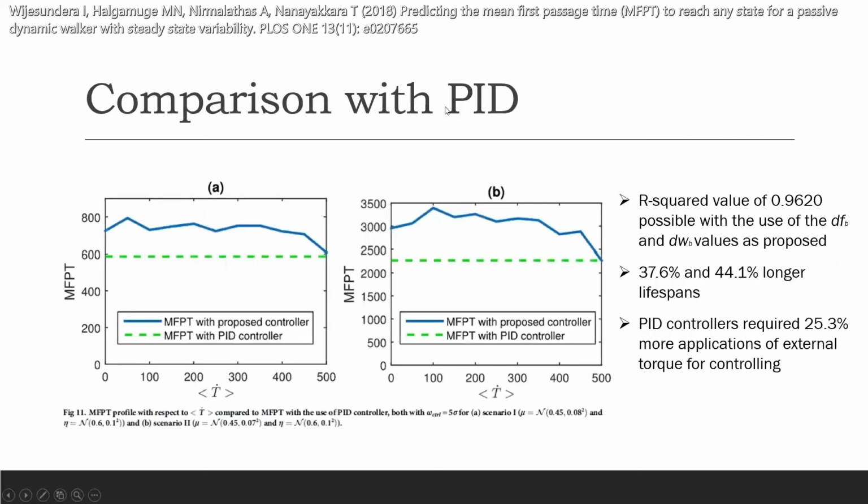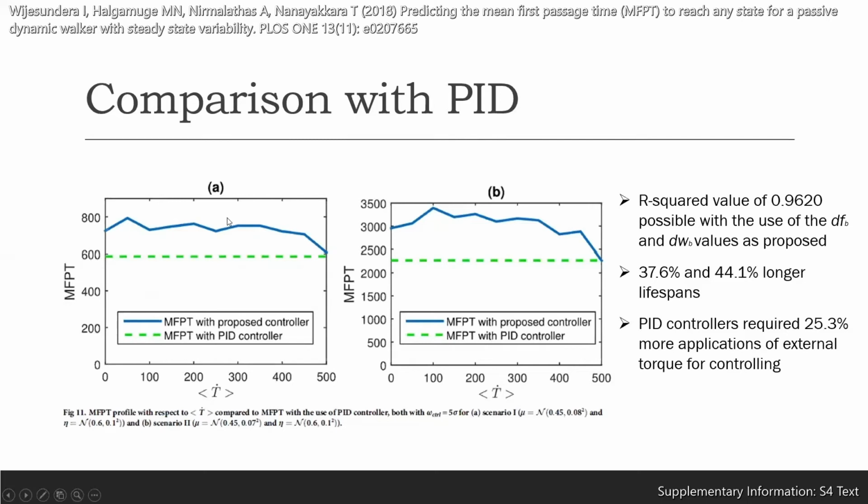Okay, finally, this is a comparison of the controller to a scenario using a PID controller. The PID controller also monitors the angular velocity at collision, and it uses a threshold angular velocity instead of mean first passage time.